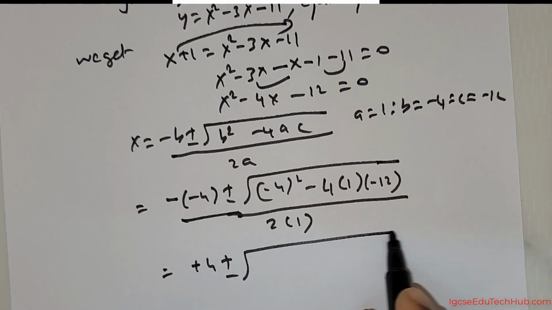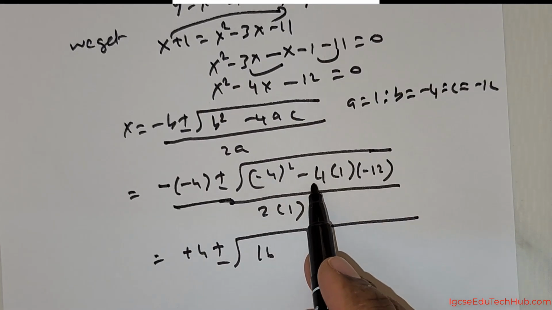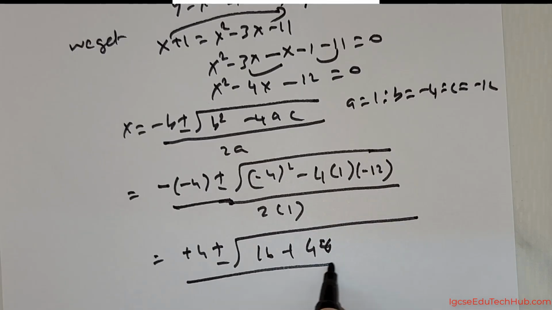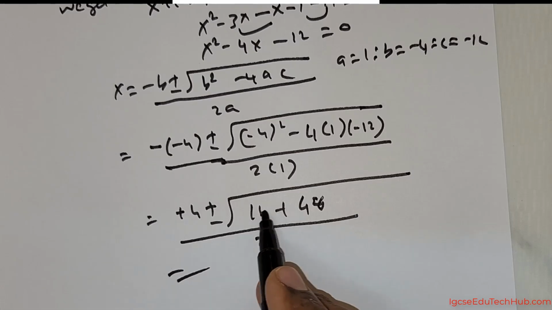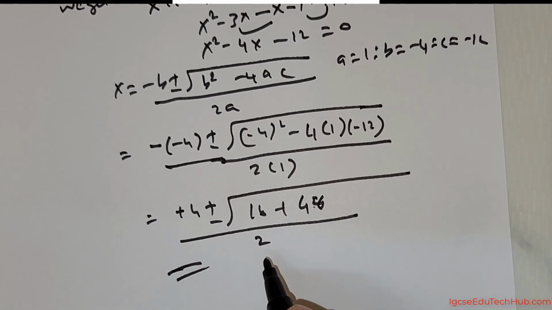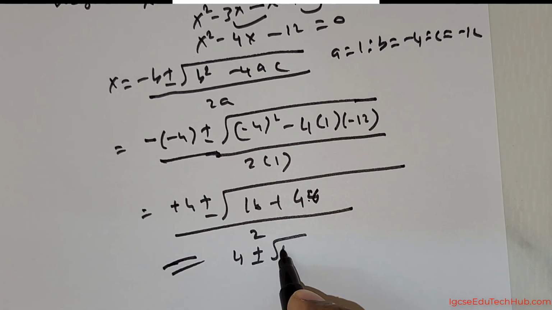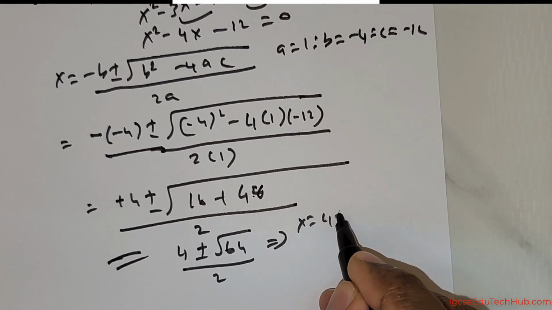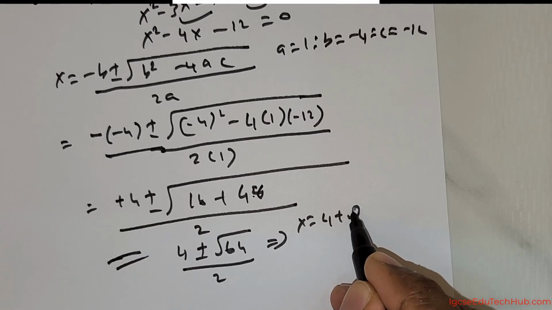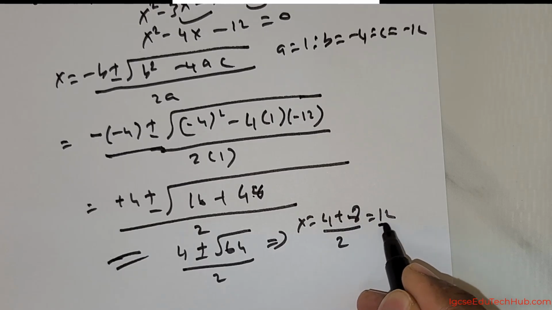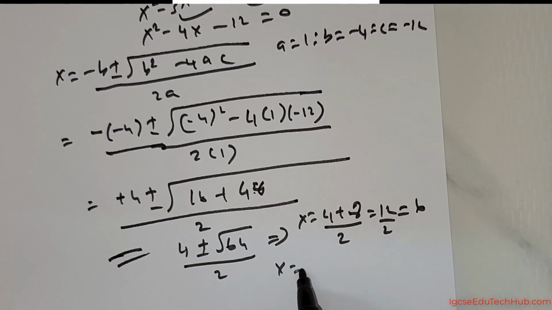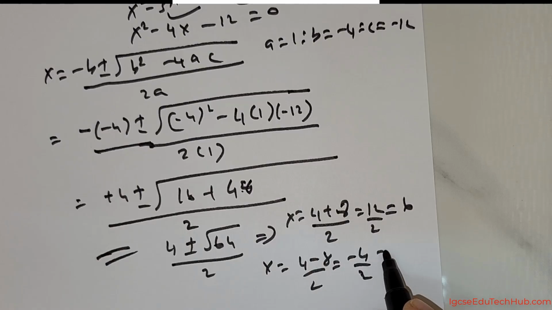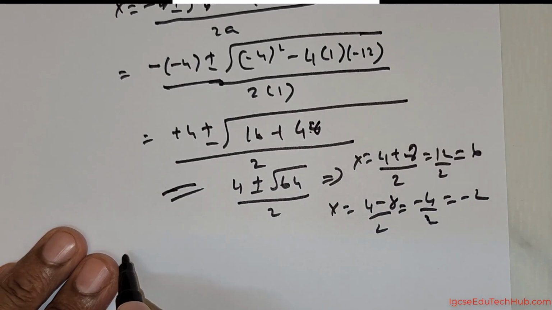This is 4 ± √(16 + 48) divided by 2. Now this will give you 64. So 4 ± √64 divided by 2, which means x is equal to (4 + 8) divided by 2, which means 12 divided by 2, which means 6. And (4 − 8) divided by 2, which means −4 divided by 2, which means −2.